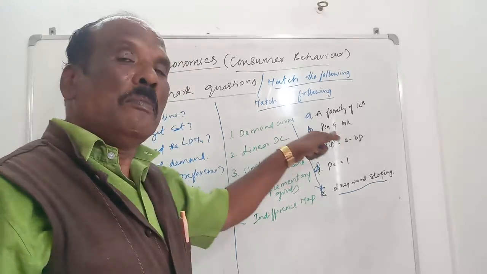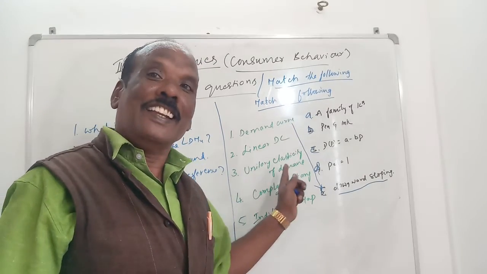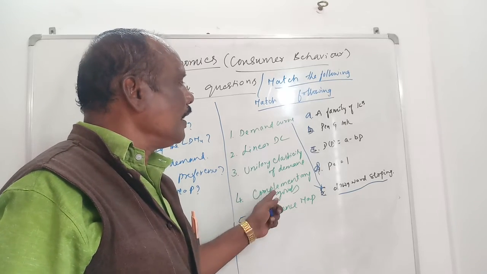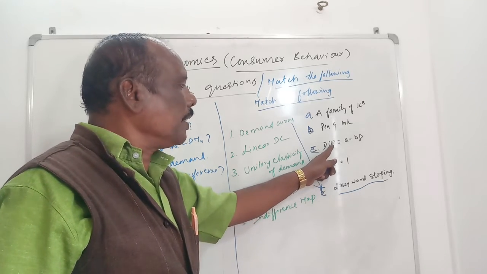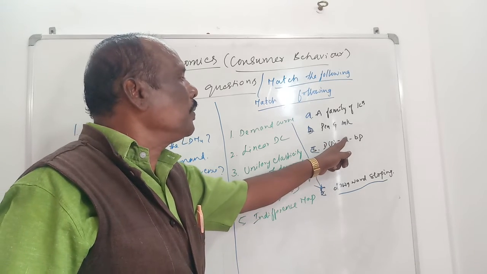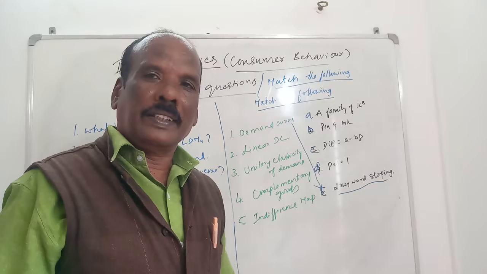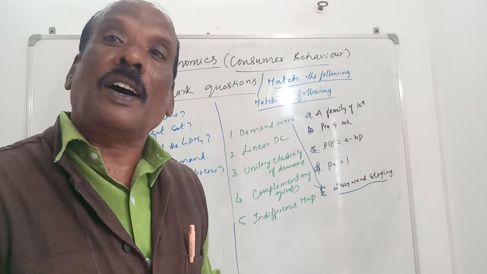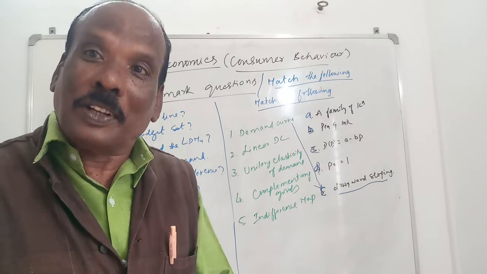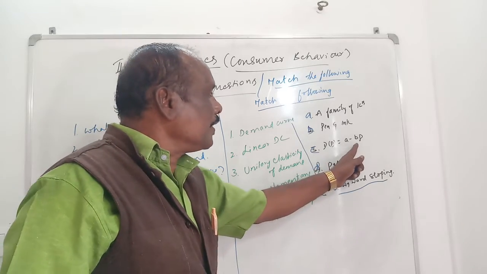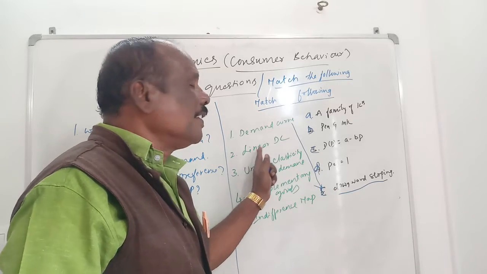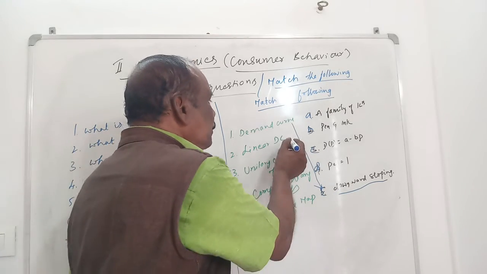And a linear demand curve, the formula of linear demand curve is: demand is a function of price, D(P) is equal to A minus BP. Minus is used because of the negative relationship between price and demand, the inverse relationship. That is why this is the formula. So you should write this.